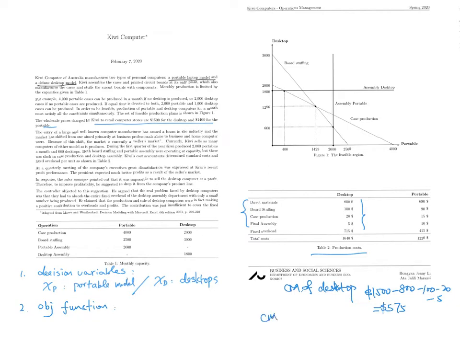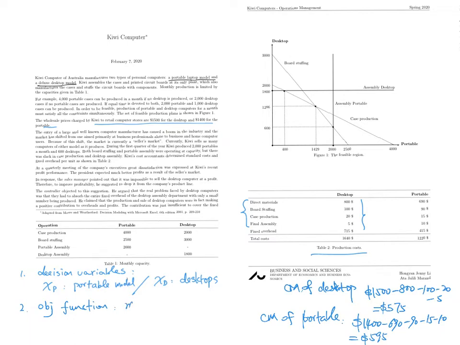And the contribution margin of a portable laptop is the wholesale price 1,400 minus 609 minus 90 minus 15 minus 10, which equals $595. Then from this you can write your objective function, which is Z, and we write maximization.